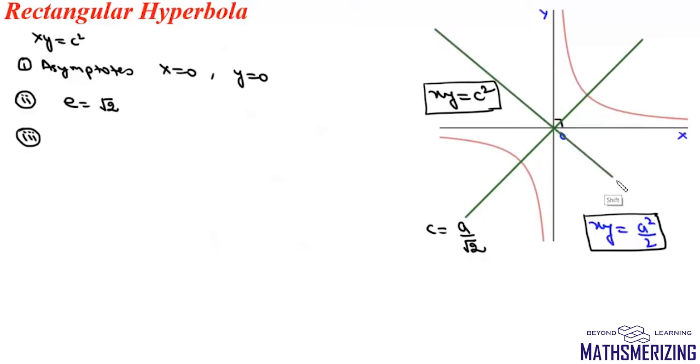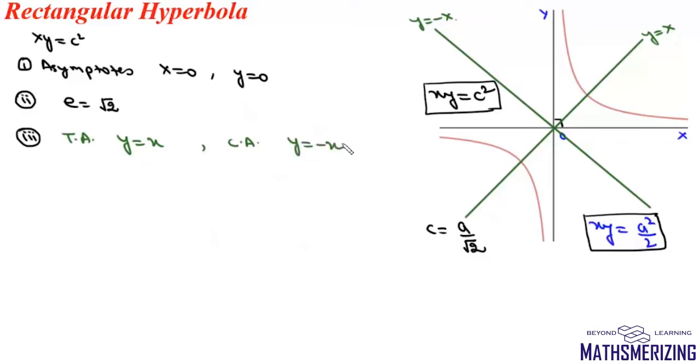Now next we'll find transverse and conjugate axis. Now we have rotated the axis by 45 degrees. So transverse axis in this case will be y equals x and conjugate axis will be y equals minus x.